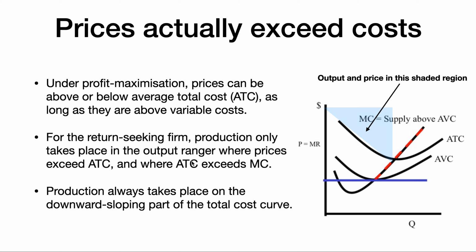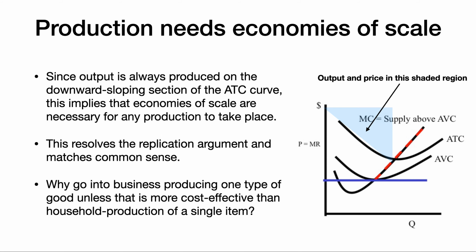So the fact that production always takes place on a downward part of the average total cost curve means that for any production to take place, there requires some economies of scale. That makes total sense because of the replication argument.